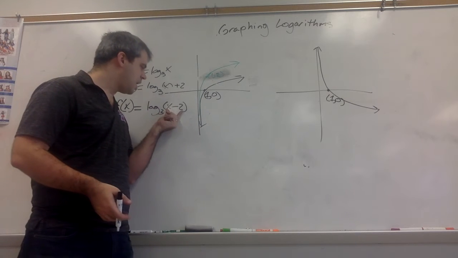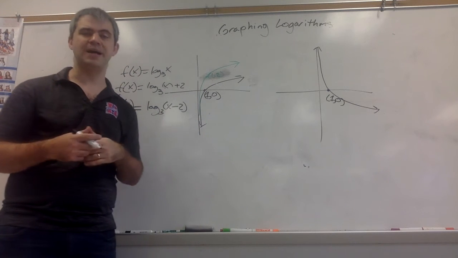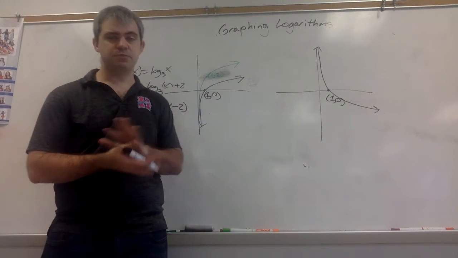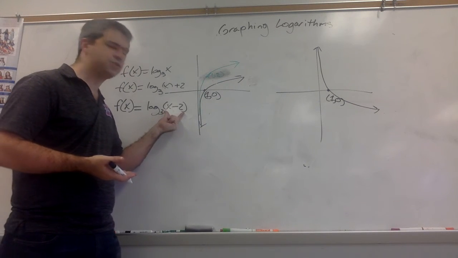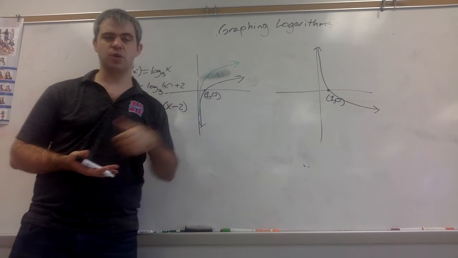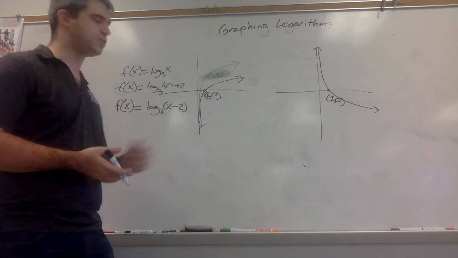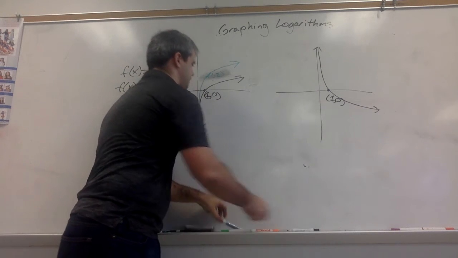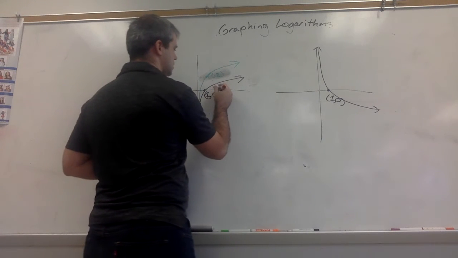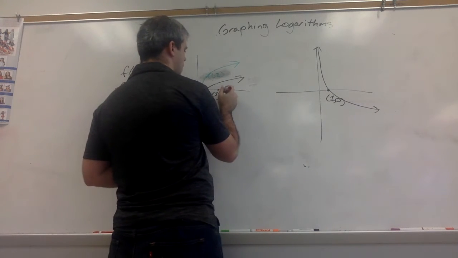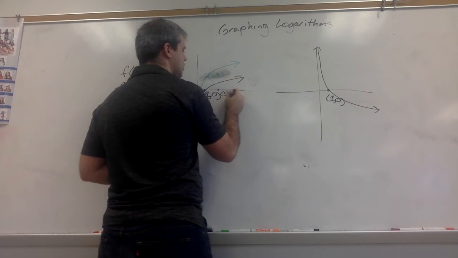So I'm subtracting my input by 2. Well, if I want to get the same outputs, if I want to have the same shape here, I'm going to have to undo that. I'm going to have to increase all of my inputs by 2. That means moving 2 to the right. So instead of starting at 1, 0, I'm going to start at 3, 0.